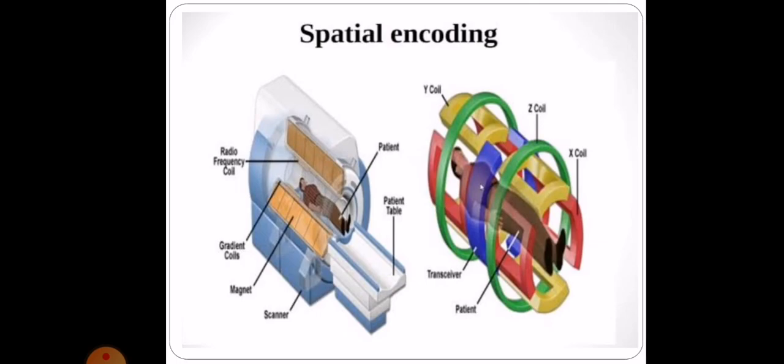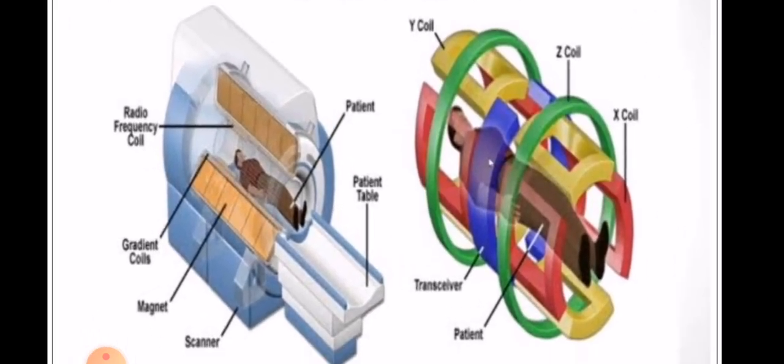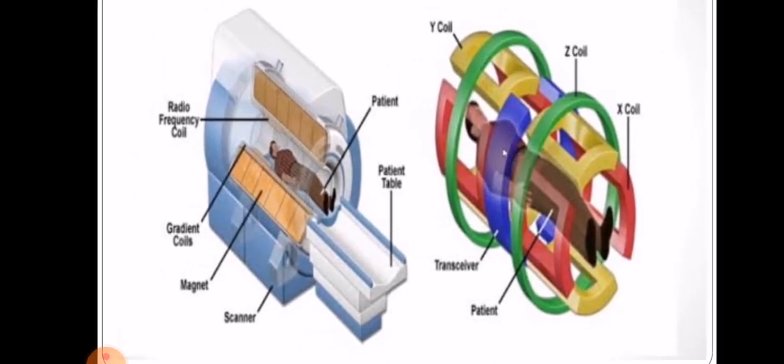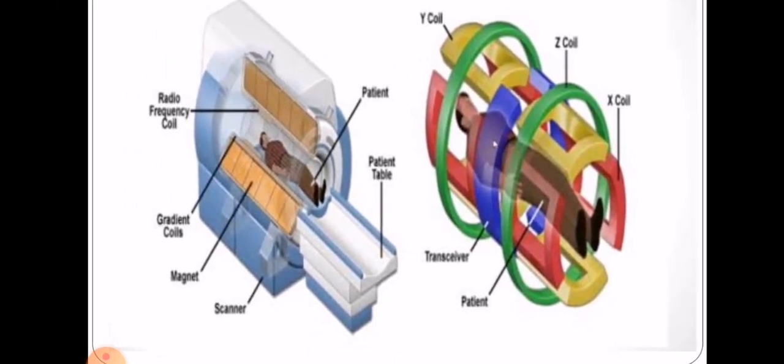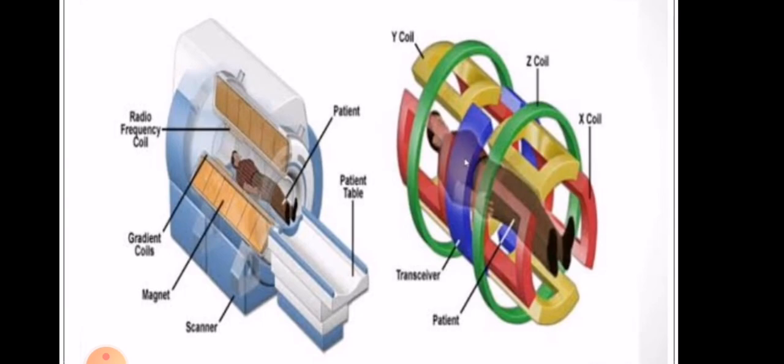You can see the spatial encoding here. I can zoom for you. This is the machine, here is the table, and the patient is inside the bore. You can see in this image the radio frequency coil situated here, and the gradient coils are here.